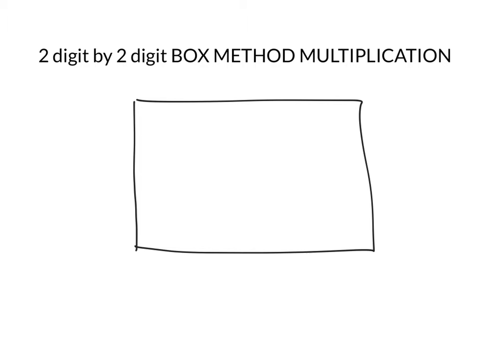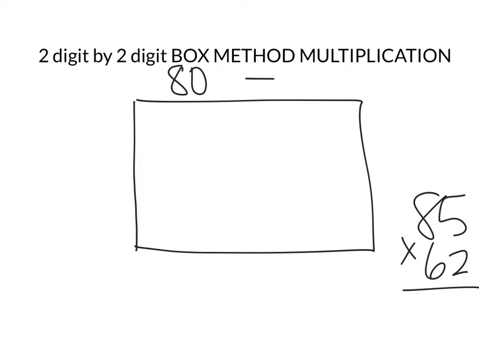I want to break apart my factors. So let's stretch out 85. What does 85 stretch into? Moses? 80 plus 5. So I'm going to write that on top of my box.